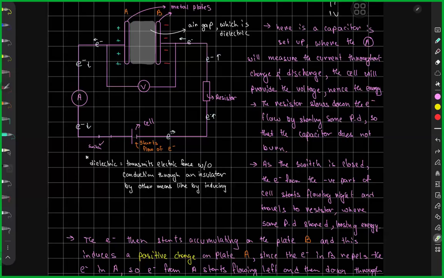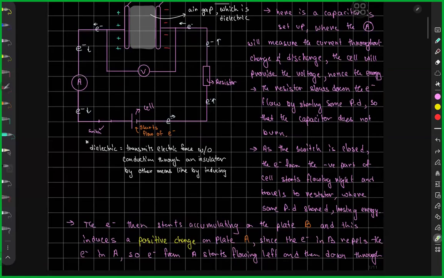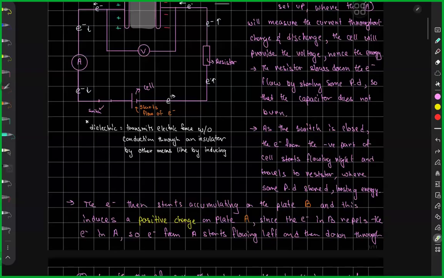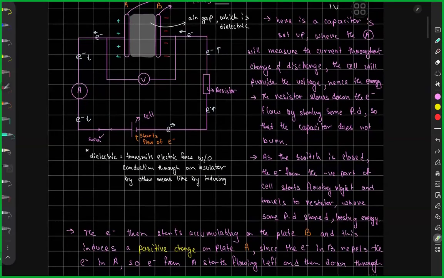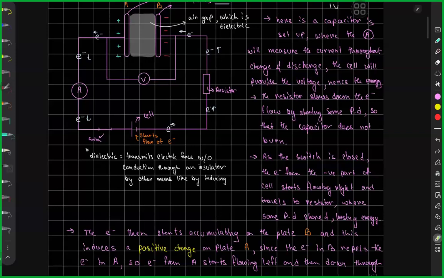So what is really happening over here is the cell provides a source of energy, and that word potential difference really means somehow the charge is separated over here, which causes electrons to flow.